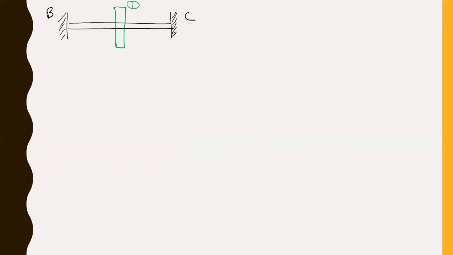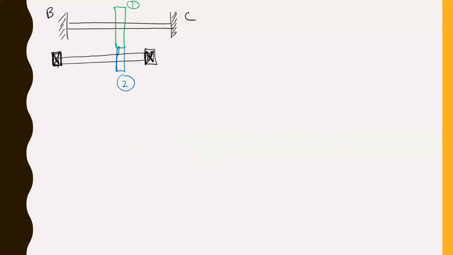And this gear attaches to another gear that we will call gear 2. And that gear is attached to another shaft, and that shaft can spin freely.